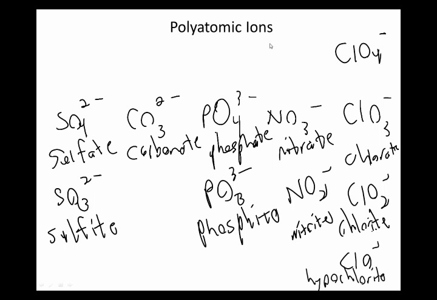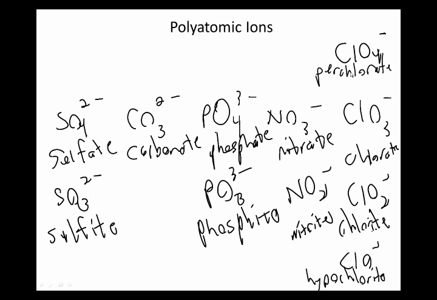Now, you might be inclined to think that up here this is then going to be hyperchlorate. You're mostly right. For some reason they dropped the hy, so it's just perchlorate. But it's the same basic idea, right? So hypochlorite, perchlorate, there it is.